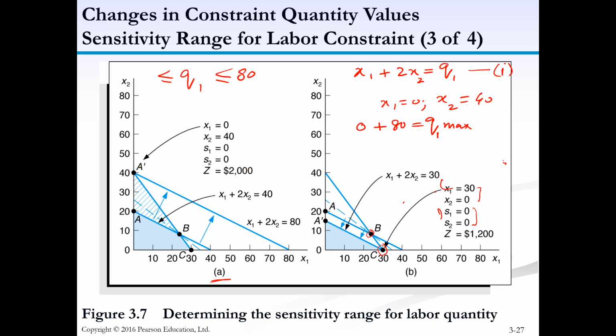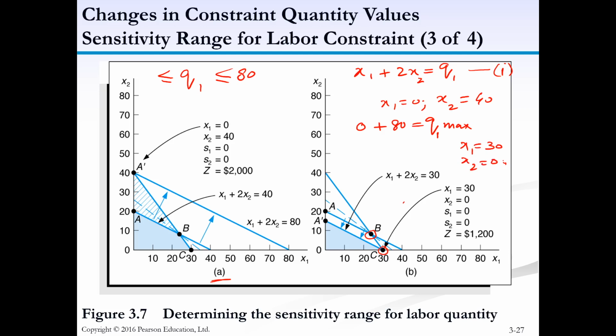Now let's look at the lower side. When we decrease this right hand side from 40 and keep decreasing it until this point B becomes C, the coordinates of C are x1 is equal to 30 and x2 is equal to 0.